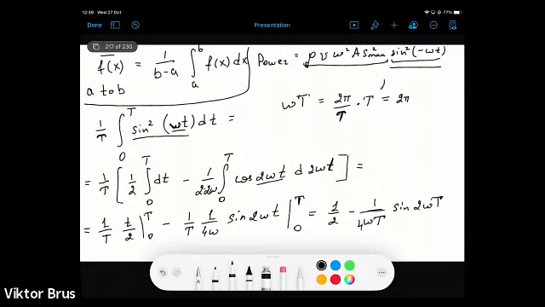Even if this 2 pi is multiplied by 2, it doesn't matter. It means that this term of our integral will always be equal to 0.